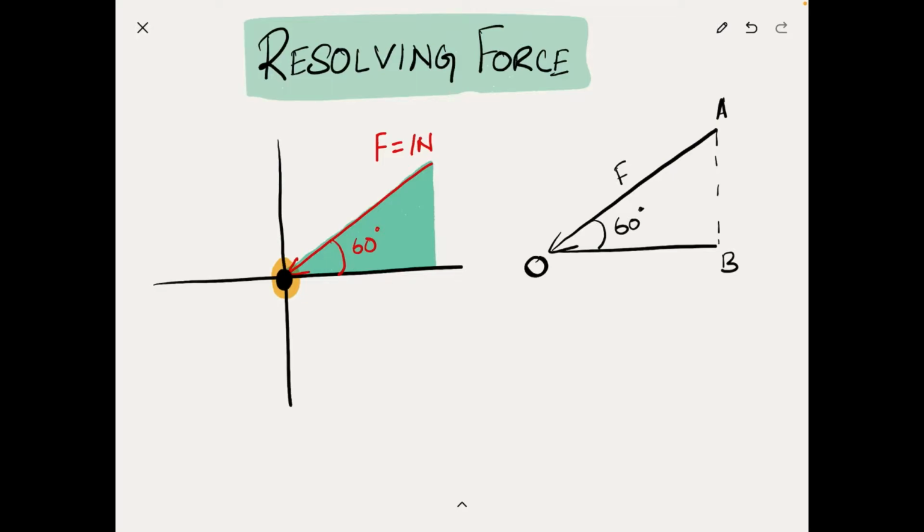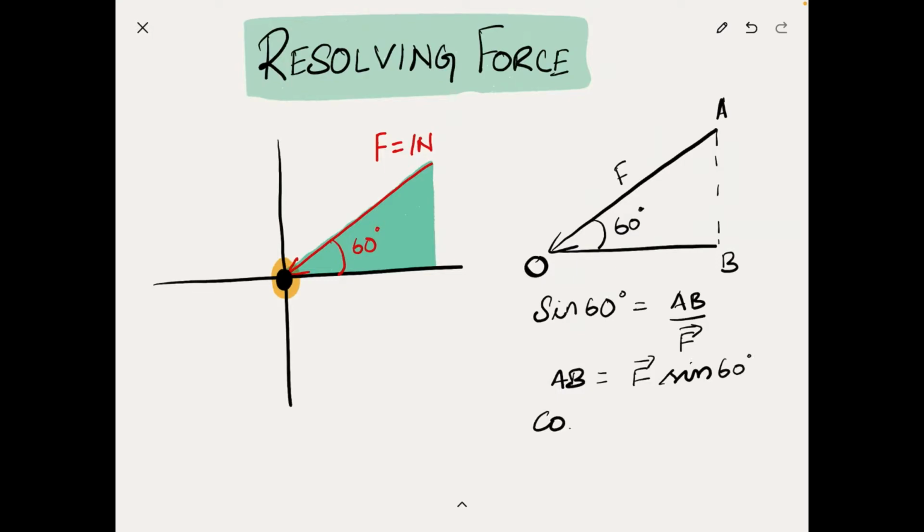Alright, so now we're going to use some trigonometry here and find the basic trigonometric ratios. Let's start by calculating the sine of 60. Sine of 60 degrees would be equal to the opposite side of the right angle triangle, that is AB, to its hypotenuse, which is the force vector F. So from this, AB would be equal to F times sine of 60.